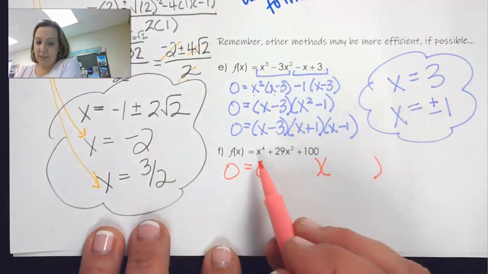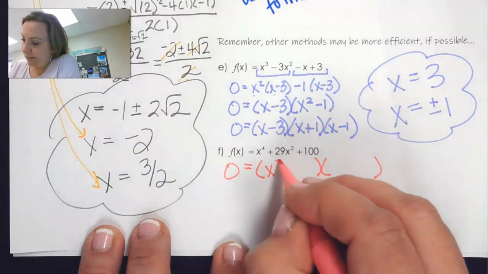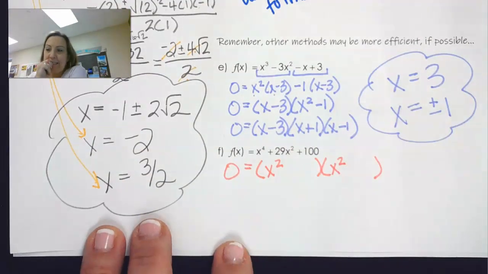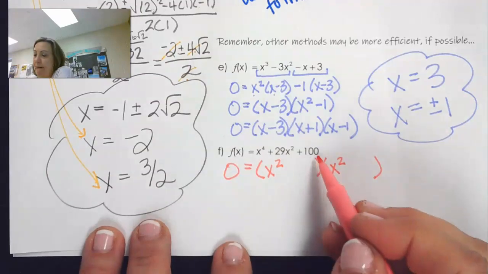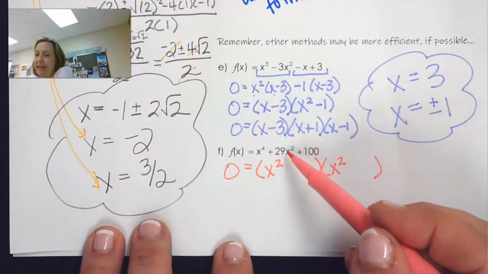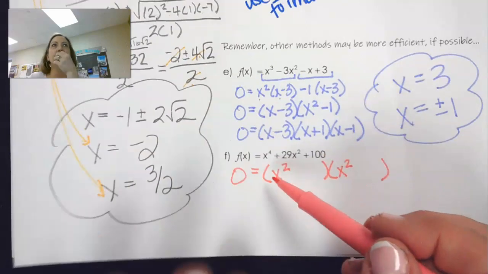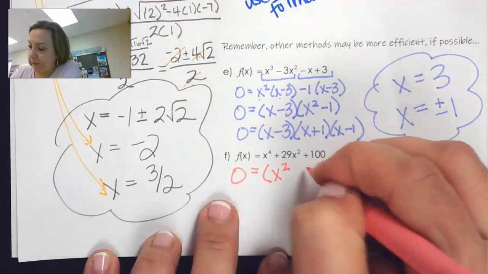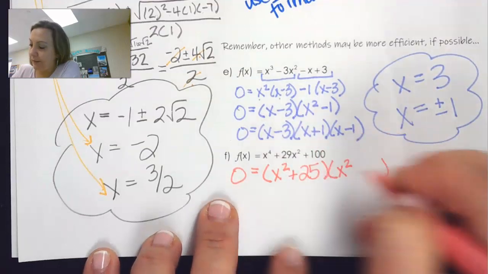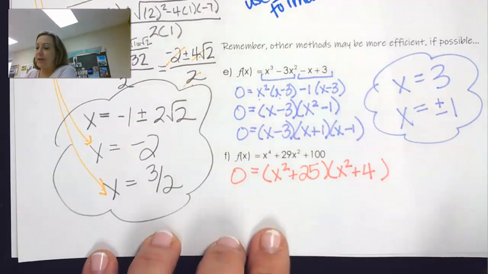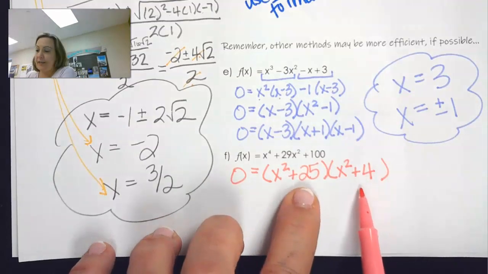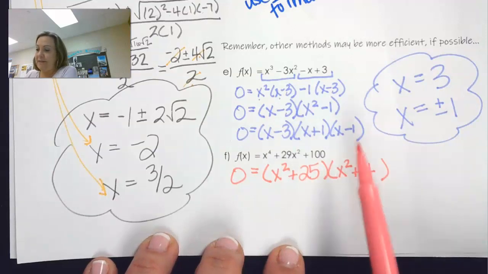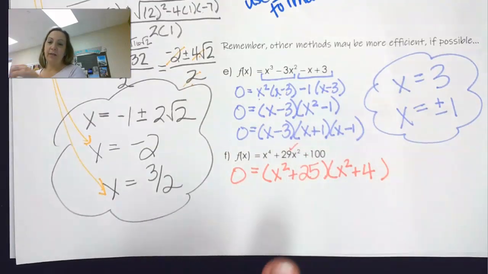To make x to the 4th, I could use x squared and x squared. And to make 100, I want things that multiply to 100 but add to 29. So how about 25 and 4? Oh, that'll work perfectly. So plus 25 and plus 4. That multiplies to make 100, and then the outer 4x squared and the inner 25x squared make the 29x squared.